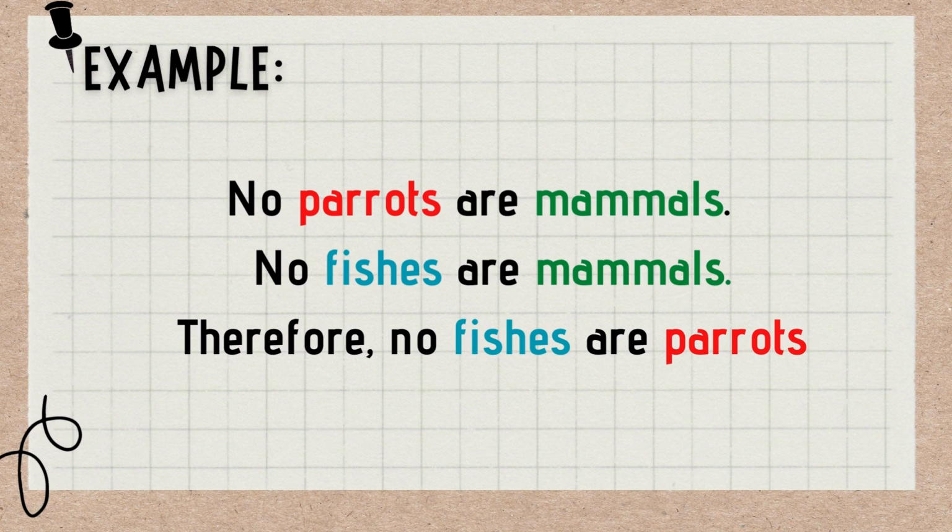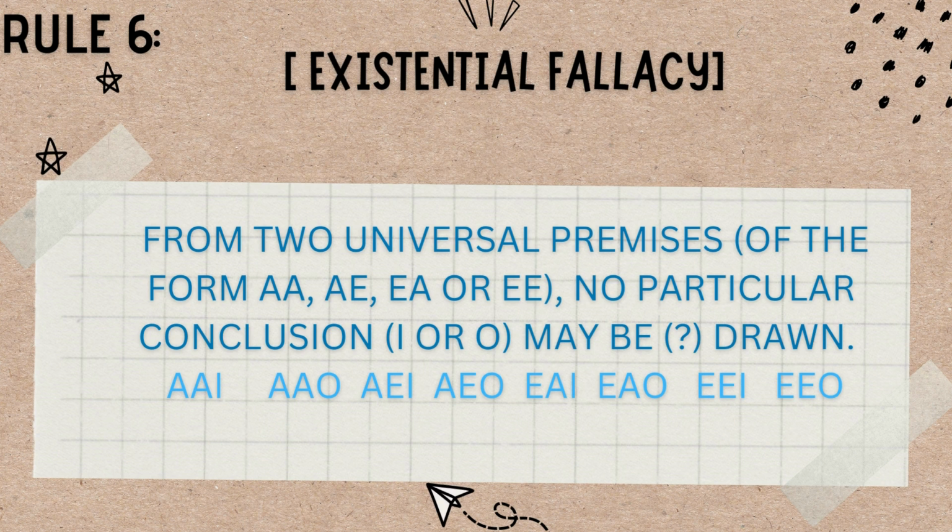Now let's check rule number 6. Existential fallacy. What does it mean? From two universal premises, what are the universal propositions you guys know? Universal affirmative and universal negative, A and E. These are the two universal propositions we have.